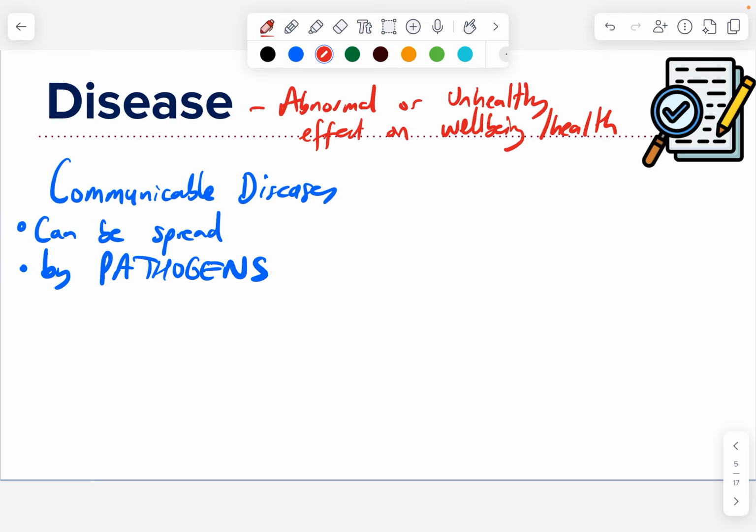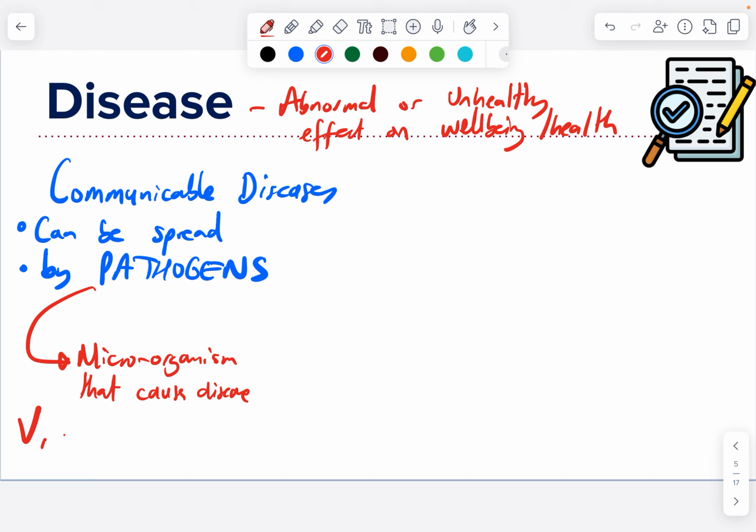So let's pick up on two different parts of this definition. First of all, pathogens. A pathogen is a microorganism that causes disease. Viruses, bacteria, fungi, protists, so the four we're going to focus on.